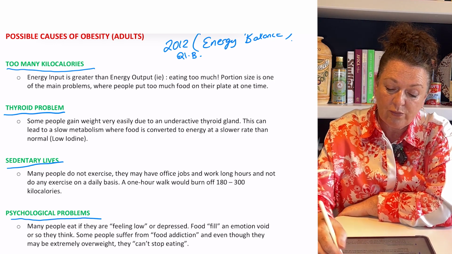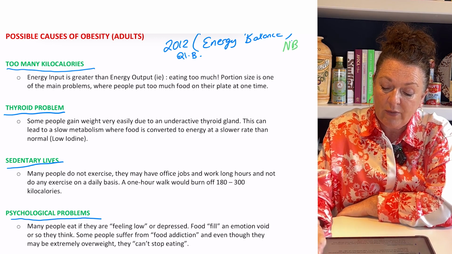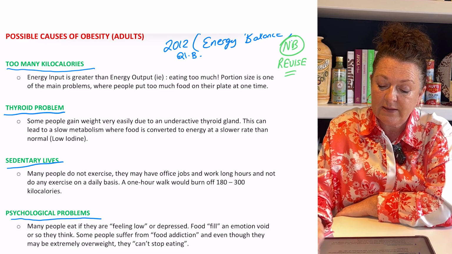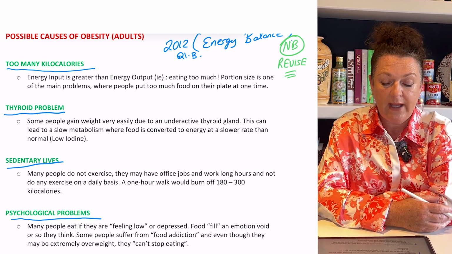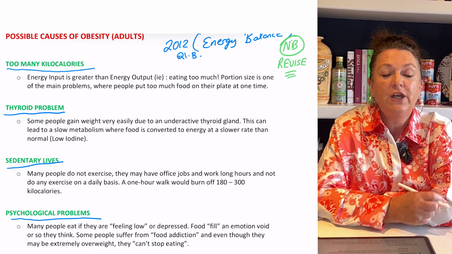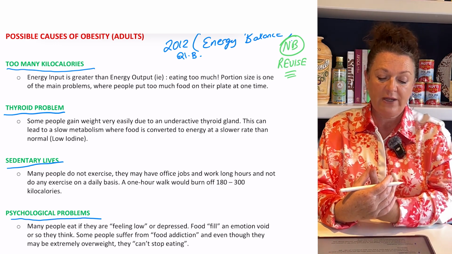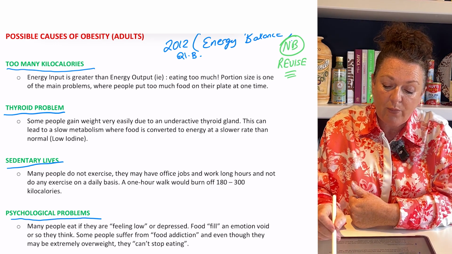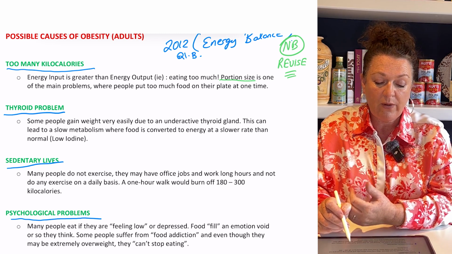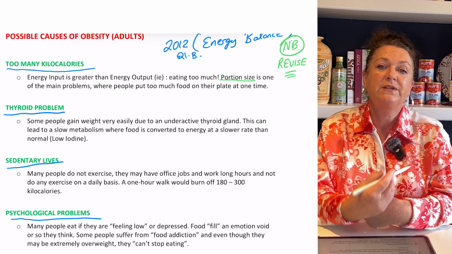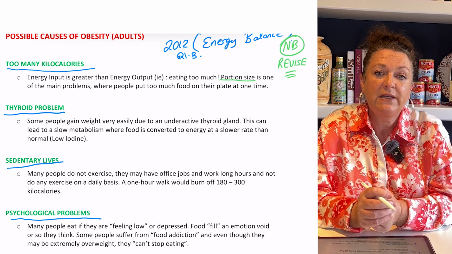So I'm going to put NB there to revise energy balance, and we have a sample answer with our chapter. So too many kilocalories: a person is consuming more kilocalories than they're actually using. Portion size is one of the main problems, where people put too much food on their plate. And I suppose the Irish mammy is guilty of that.